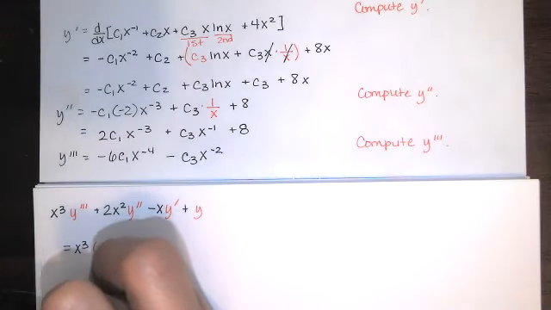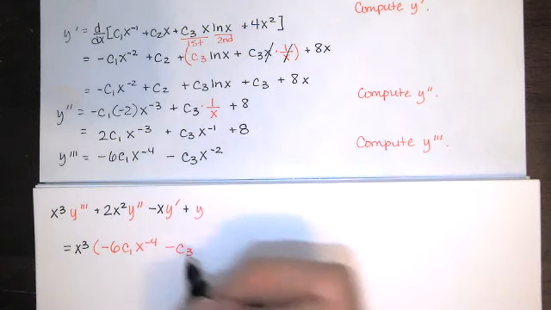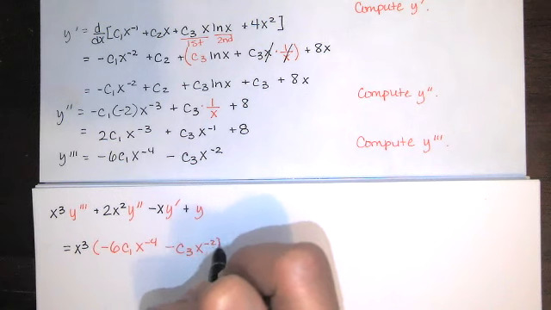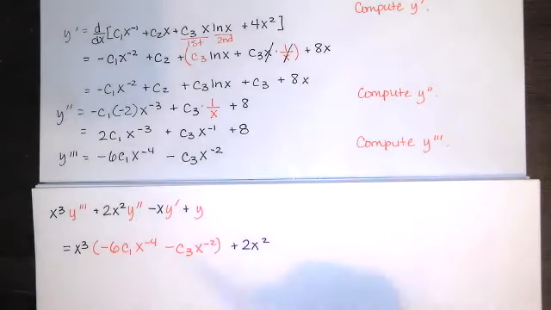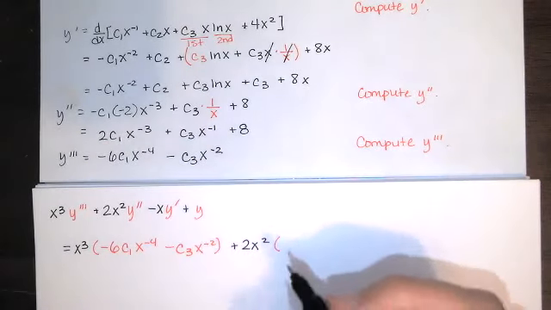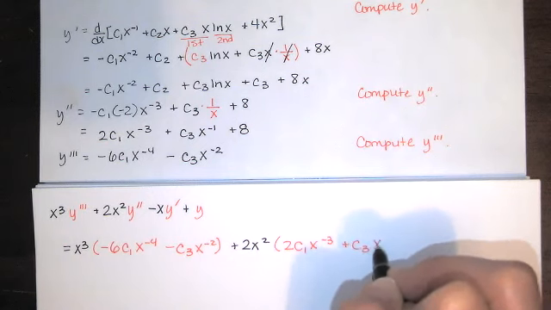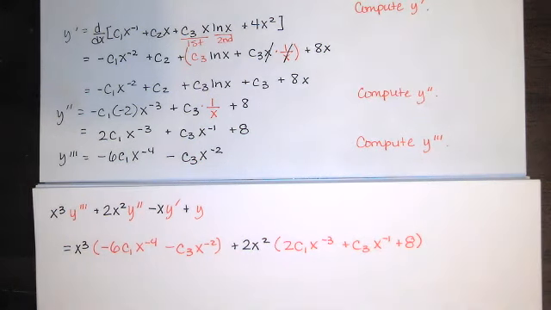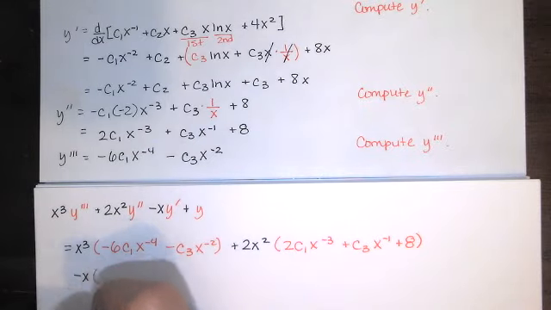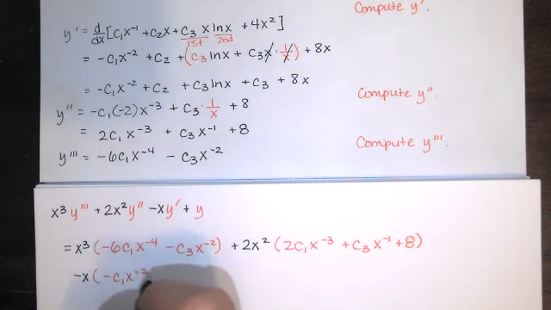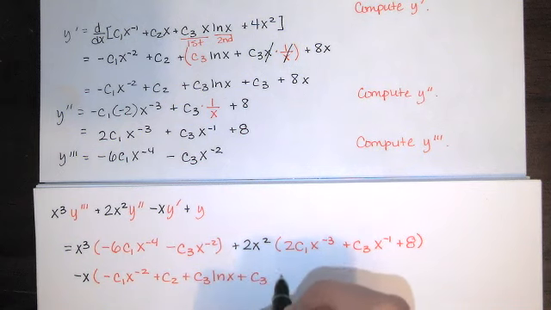Y triple prime is negative 6c1 x to the negative 4 minus c sub 3 times x to the negative 2. Then we're adding 2x squared times y double prime. And y double prime is right there. That's 2c1 x to the negative 3 plus c3 x to the negative 1 plus 8, minus x times y prime, which is negative c1 x to the negative 2 plus c2 plus c3 natural log of x plus c3 plus 8x.